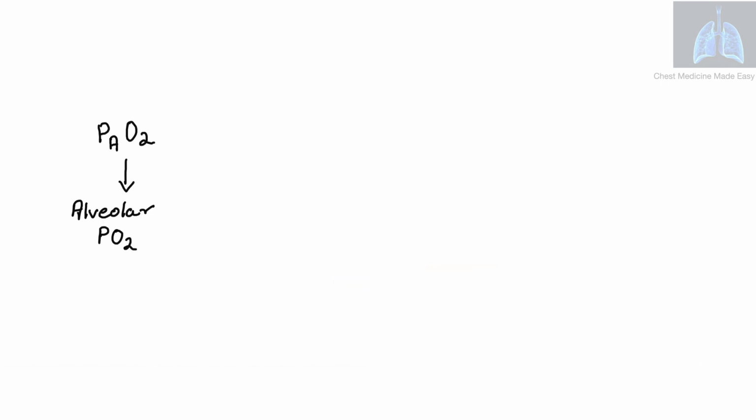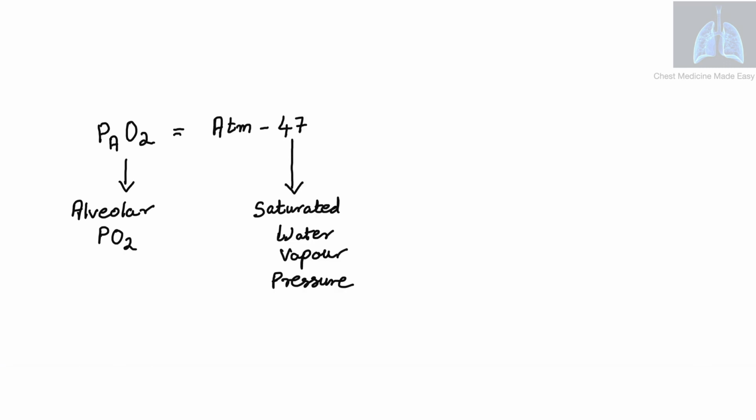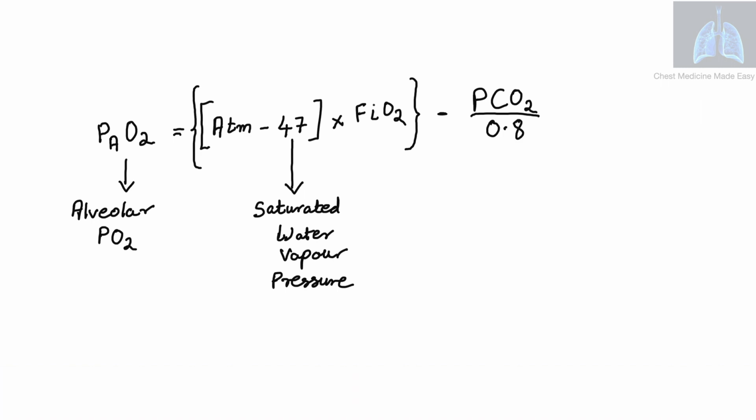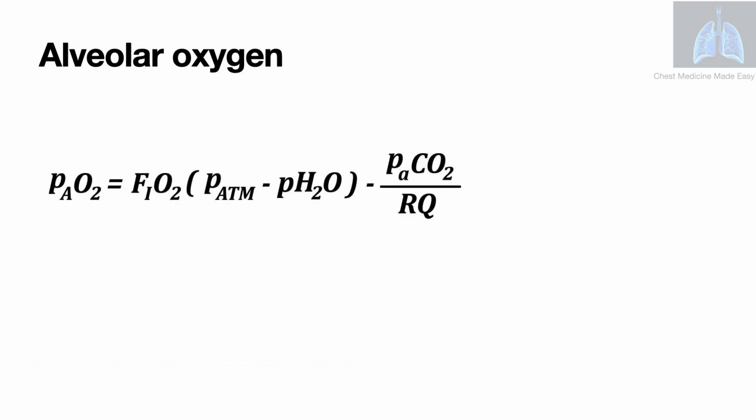Stated in other terms, PAO2, that is the alveolar partial pressure of oxygen, is equal to the atmospheric pressure minus 47, which is the saturated water vapor pressure, multiplied by the fraction of inspired oxygen, and minus PCO2 divided by 0.8. So that is how you express the alveolar oxygen partial pressure, and this equation is known as the alveolar gas equation.